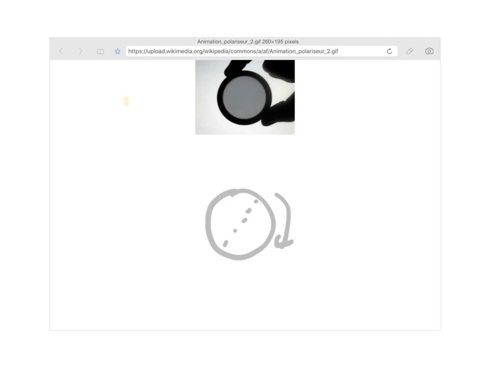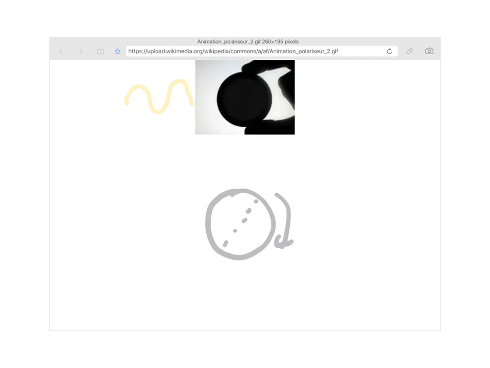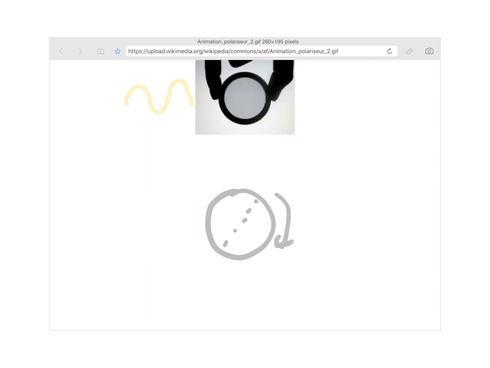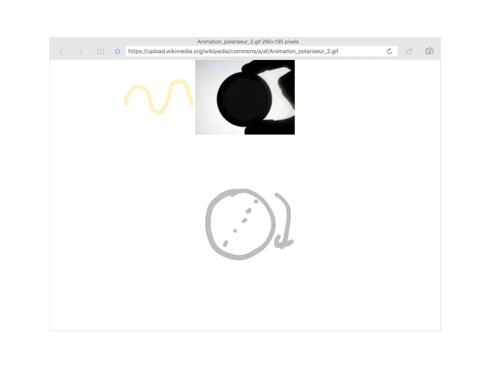Let's say the light is polarized in this direction, and when the polarizing filter's transmission axis lines up with it, it's clear like it is right now, and when the transmission axis is exactly 90 degrees away from the polarization of the light, then it's dark like right now. So we can figure out, based on where this guy's hand is, where the transmission axis of this polarizing filter is.